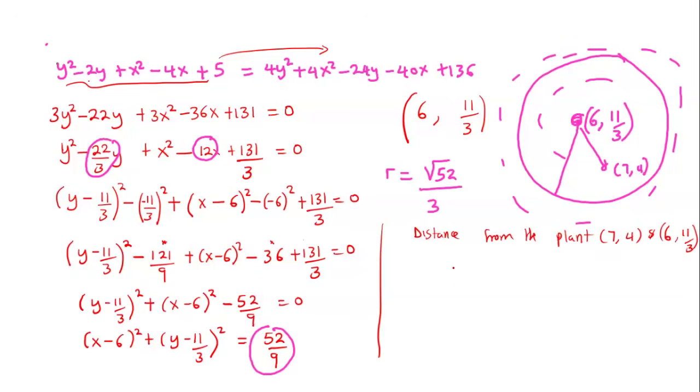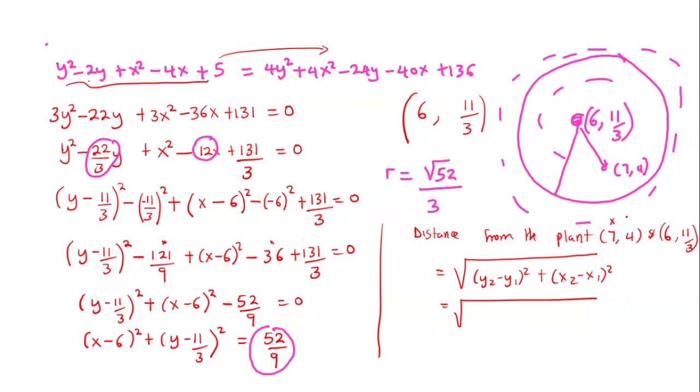That distance is given by the root of (y2 minus y1) squared plus (x2 minus x1) squared. Any point can be your (x2, y2) or (x1, y1); the way you label it doesn't matter.